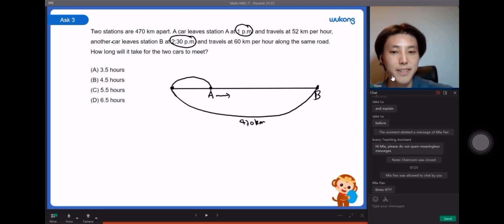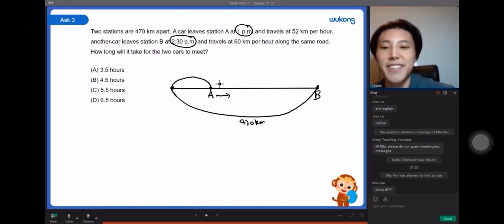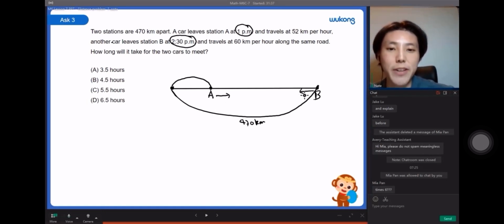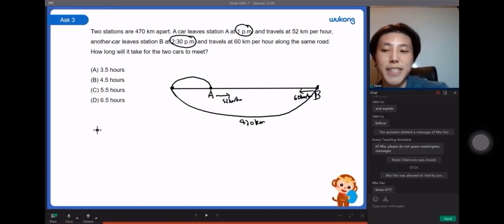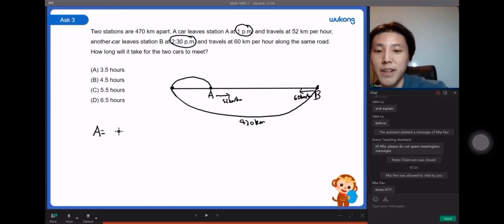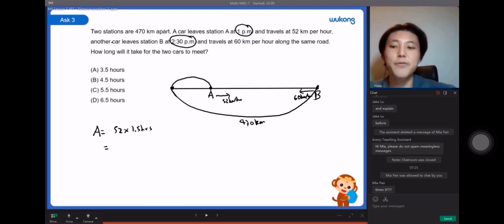Okay, B is traveling at 60 kilometers per hour, and A is traveling at 52 kilometers per hour. All you have to do is find the distance traveled by A for 1.5 hours. So 52 times 1.5 hours. And what's 52 times 1.5?